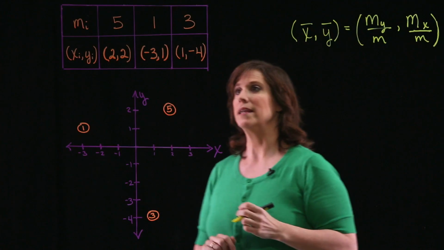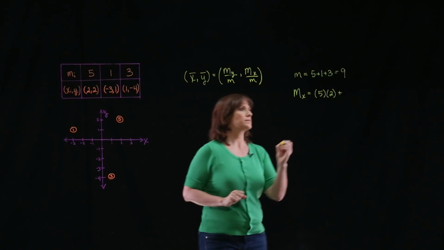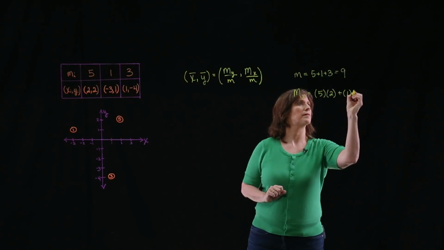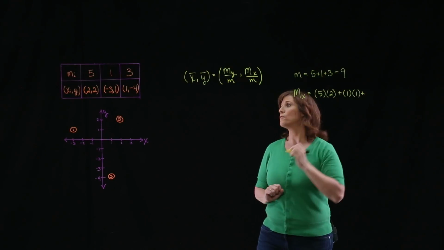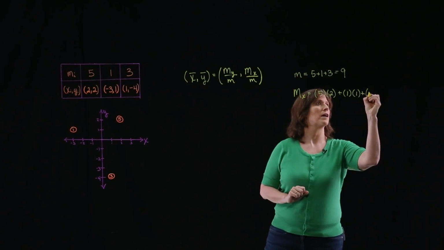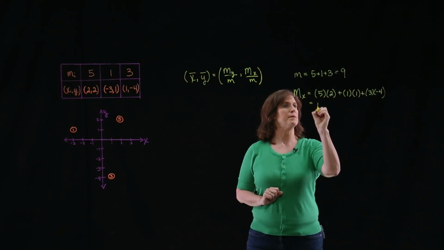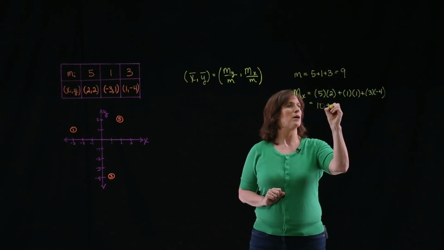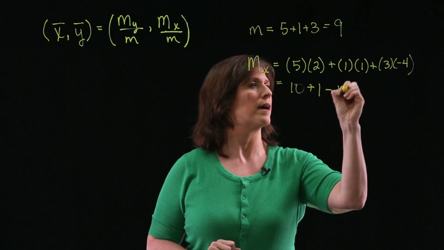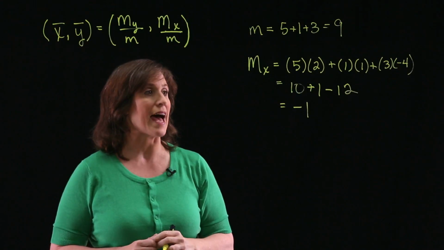For my second point, I'm going to be taking 1 times 1. And for my third point, it will be 3 times negative 4.